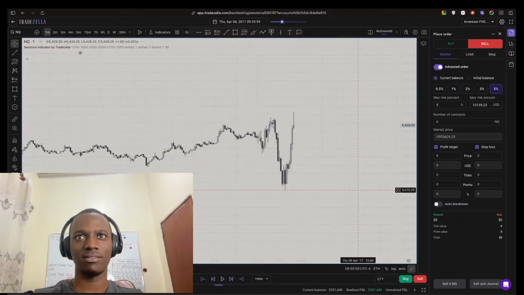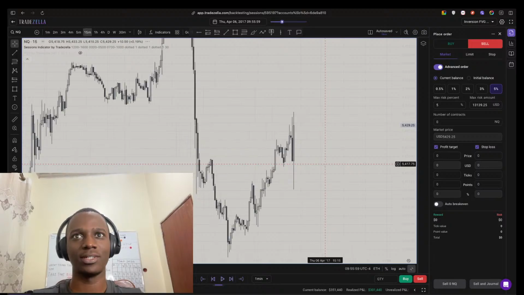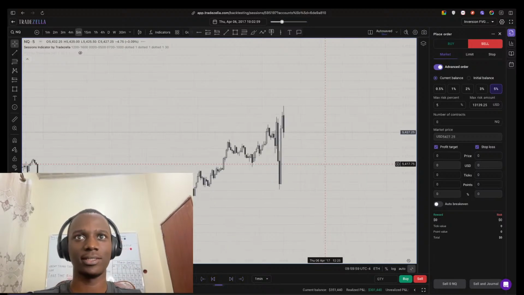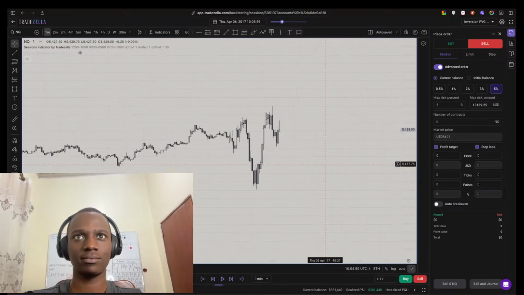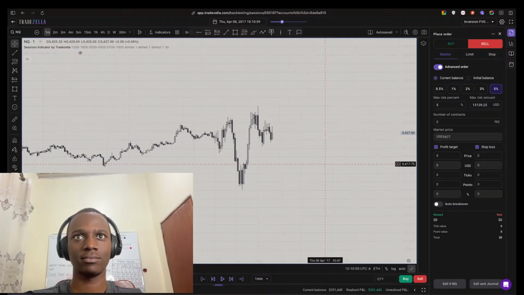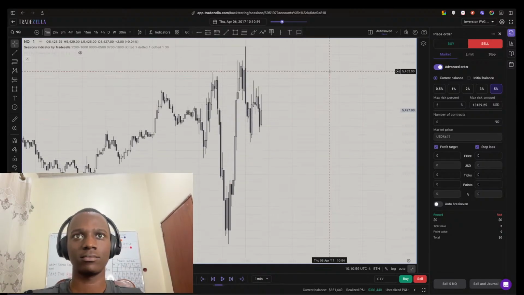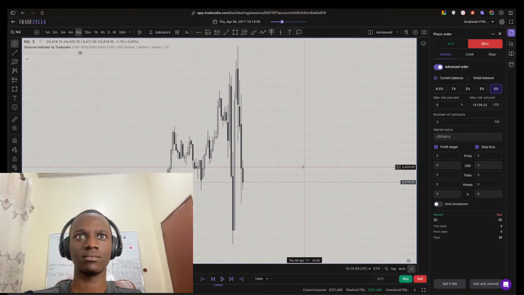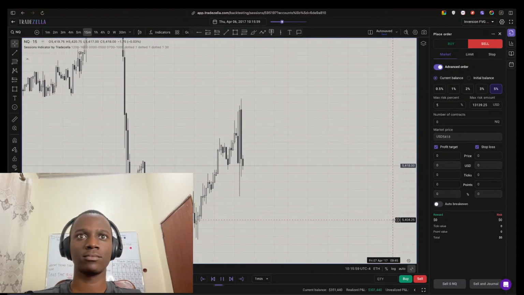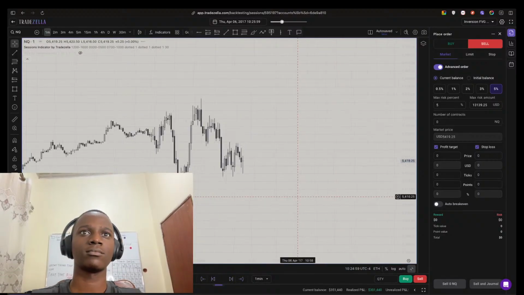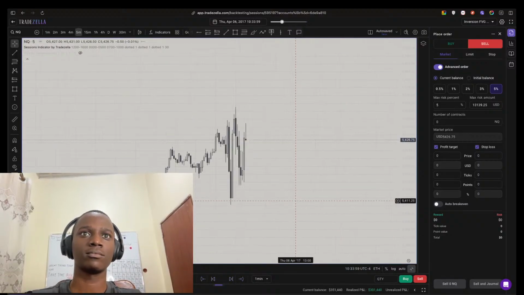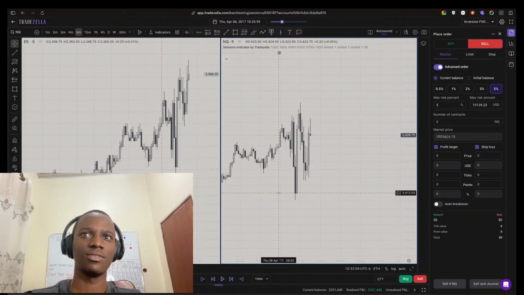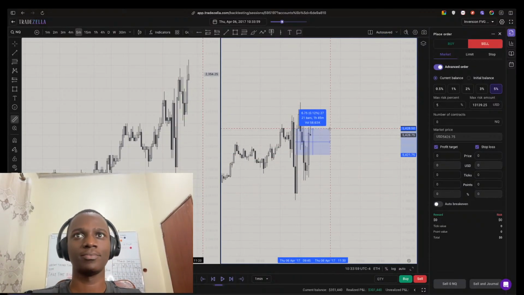I think we might have a cool 4 hour closure. Look at this rejection high. Look at this continuation high. It would have been good if this 5 minute closed inside though.